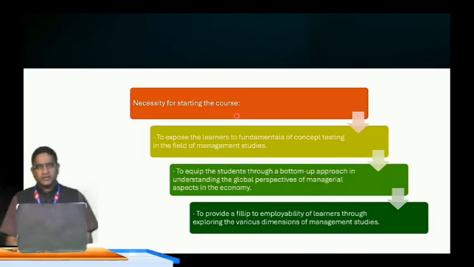Students, you might wonder why this new subject called Bhartiya Theory of Management came into the picture. As you are aware, you have taken up the course called Bachelor of Management Studies. To be in line with the current scenario, the syllabus has been drafted.